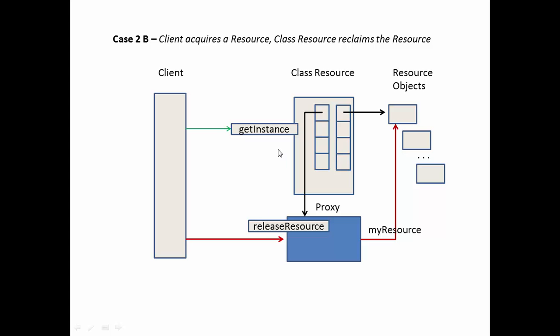So here is our picture. Some things which look familiar, namely getInstance, did not change because the arrangement is still the same. The client comes and asks for the resource. These are our objects. This is the class. The difference is this particular object, because this object is our proxy object. Please note that the client does not have direct access to the resource object. It has access to the proxy, and then the proxy has access to the object.